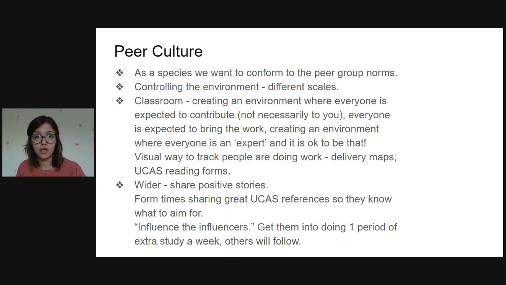As a classroom teacher of sixth form students, you can create an environment where you expect everyone to be a psychologist or a historian. Obviously, we're not talking about academic professional historians or psychologists or scientists, but where it is okay and, dare I say it, cool to be whatever subject it is that we're teaching.